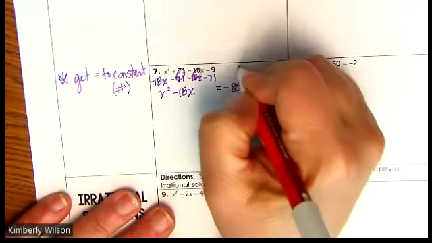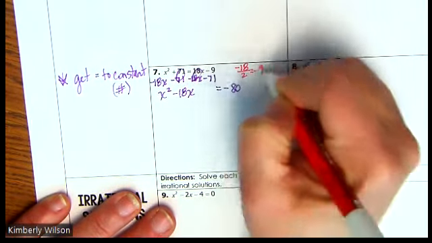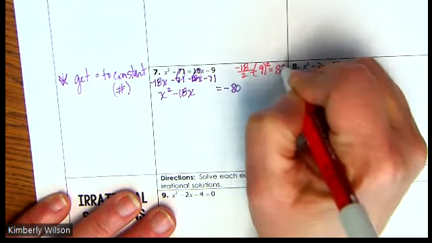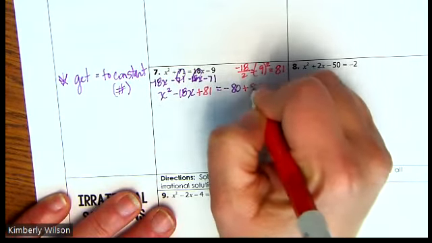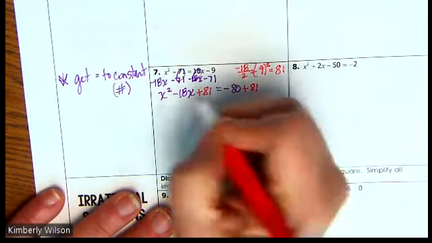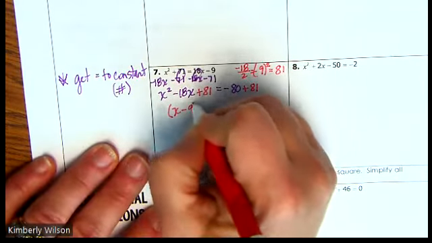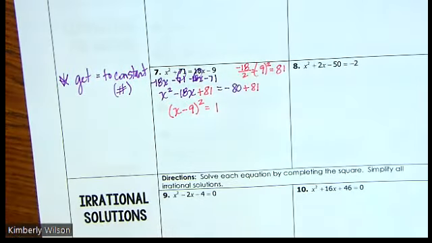I have negative 18 divided by 2, which is negative 9. I have to square it, which is 81. So I'm going to add 81 to both sides. And when I do that, this is going to become x minus 9 squared equals 1.